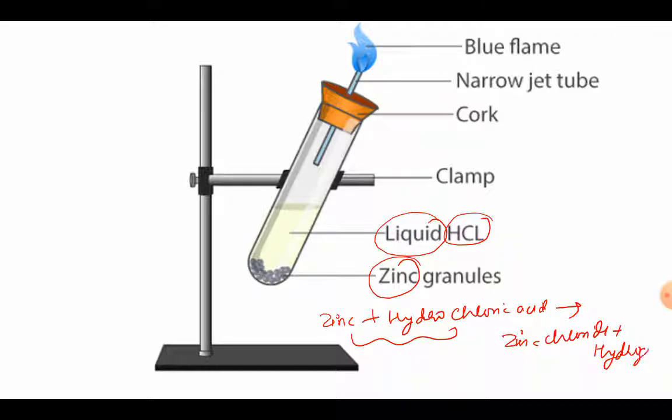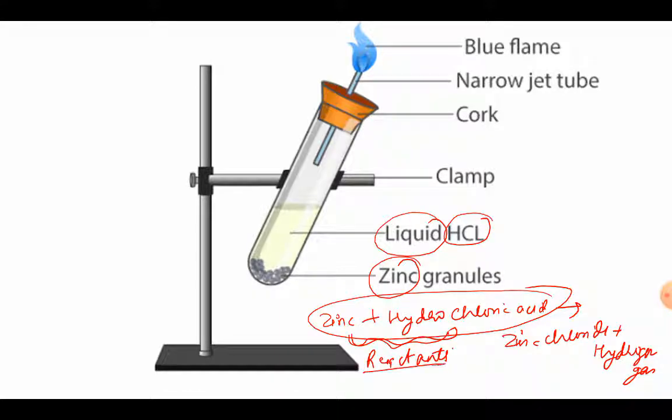So this is how the product will be formed. We'll discuss in the next few tutorials in detail how the products are formed. But for now we can see that initially we have taken zinc and hydrochloric acid. These are the chemical substances which are taken originally and now they are reacting with each other. So can we say that zinc and hydrochloric acid are the reactants?